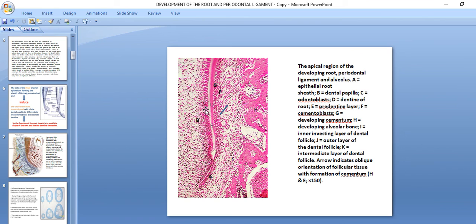And in primary acellular cementum, the collagen is of the extrinsic fiber type, being derived from the periodontal ligament and passing into the cementum roughly perpendicular to the surface of the root.